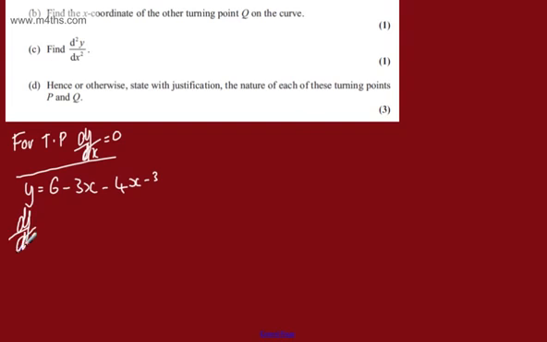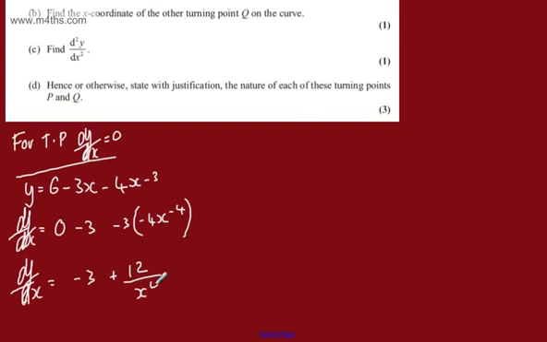So dy by dx: differentiating a constant will give us 0, differentiating minus 3x will give us minus 3, and for this term we multiply down by the power, so minus 4 times minus 3, and drop the power by 1, which gives minus 4. Rewriting this and tidying it up, dy by dx is minus 3 plus 12x to the minus 4, so plus 12 over x to the power of 4.